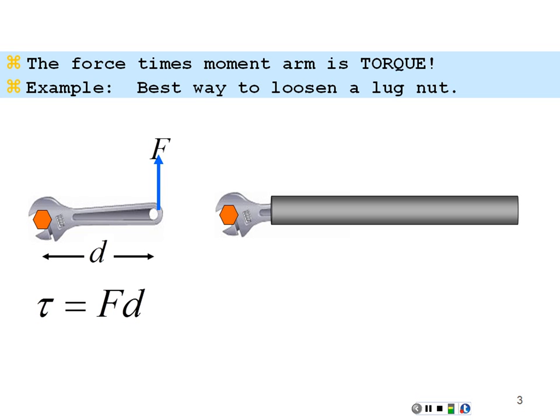And maybe you can increase your moment arm by 3 times, and hence you can apply the same force that you were applying before, but now you have a moment arm that's 3 times longer. So the torque you're applying is 3 times greater. You can use this mechanical advantage, apply the same force as before, but now you have a 3 times greater torque because your moment arm is longer, and hence now you can turn the lug nut.